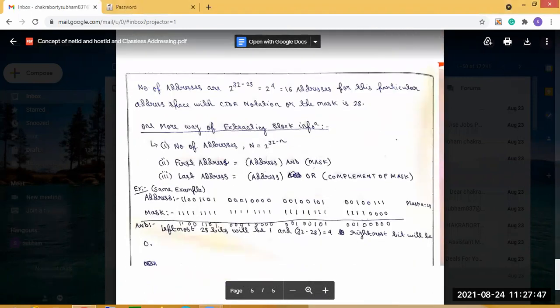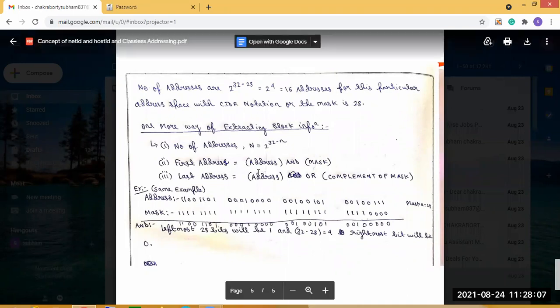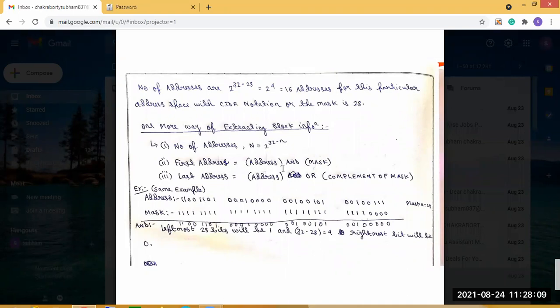Now there is also another way present. Here the address format is the same. The number of addresses will be 2 to the power 32 minus n. In this case, for finding the first address, we will do what?